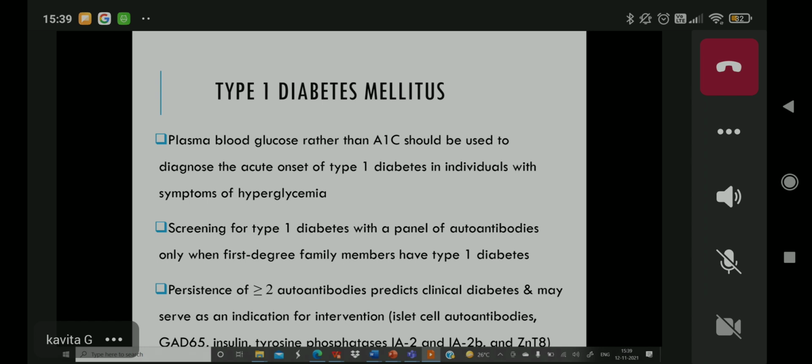The third thing is that if there's a persistence of 2 or more autoantibodies, it predicts clinical diabetes. So if someone in the family has type 1 diabetes, go in for these tests. And if you have these autoantibodies, obviously it calls for clinical intervention.